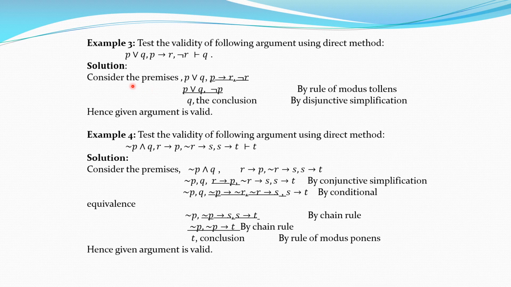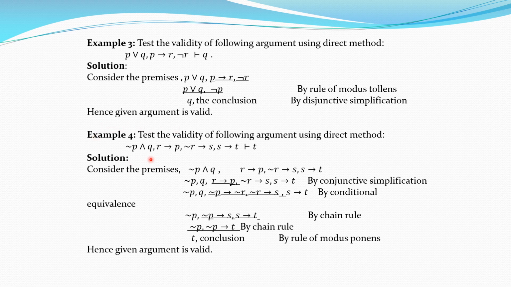So if P is not happening, then definitely Q will happen. So by disjunctive simplification, we get Q. And Q is nothing but the right side, that is the conclusion of the argument. Hence, from the hypothesis or premises, by using rules of inferences, we reached the conclusion. Hence, the given argument is valid.